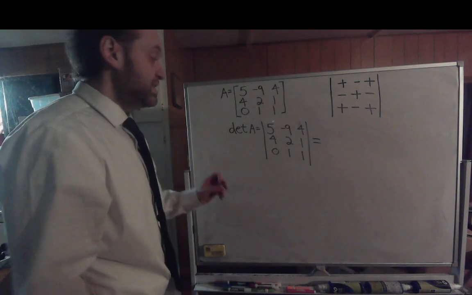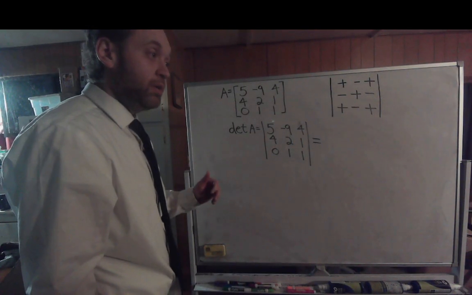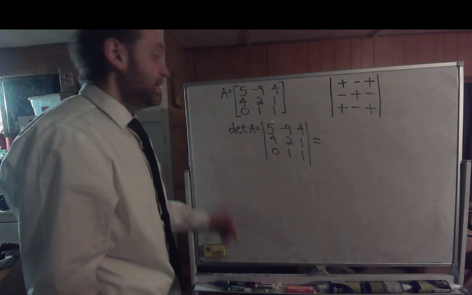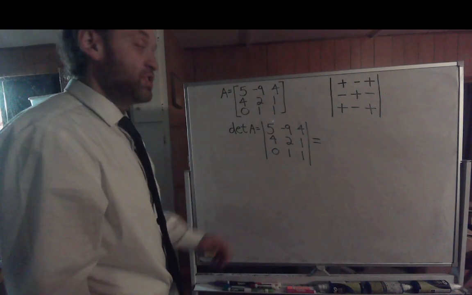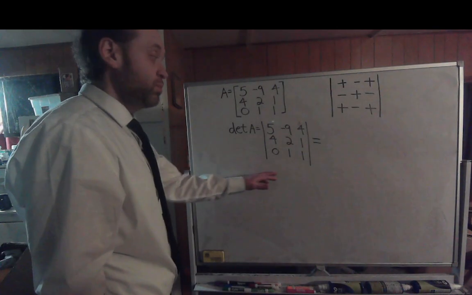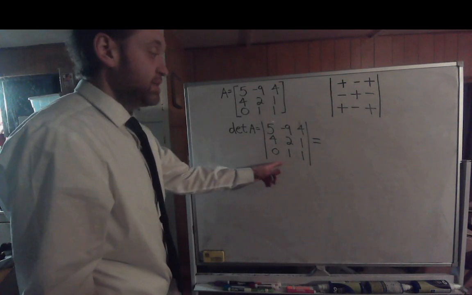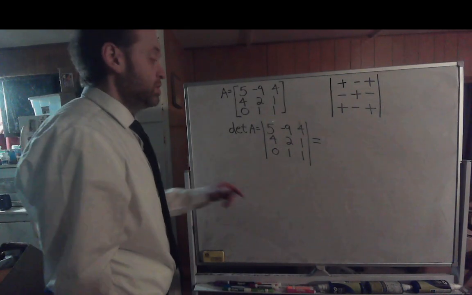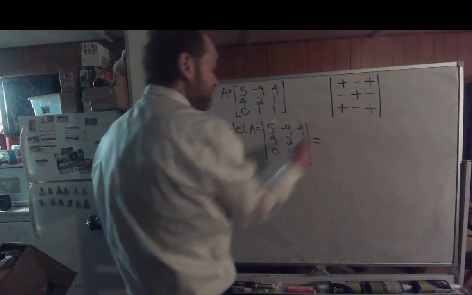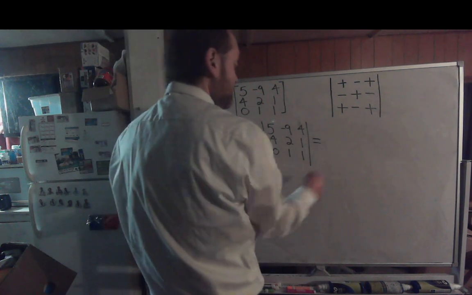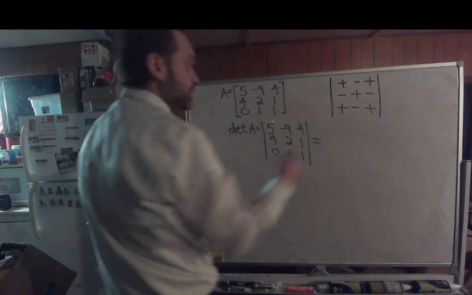If you have a 0 in a row or column, you can use that to make your life so much easier so you don't have to do as much work. So we're going to go down the third row. We know 0 times anything is 0, but let's start there. The sign would be positive, which means the sign on the one we're about to do would actually be negative.